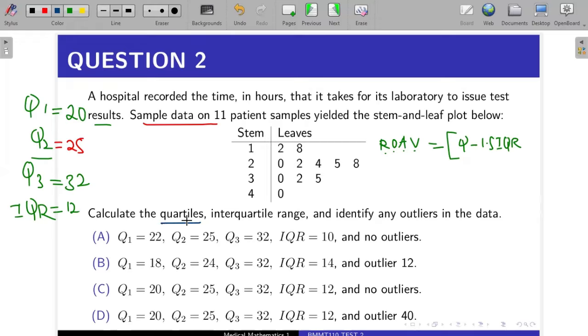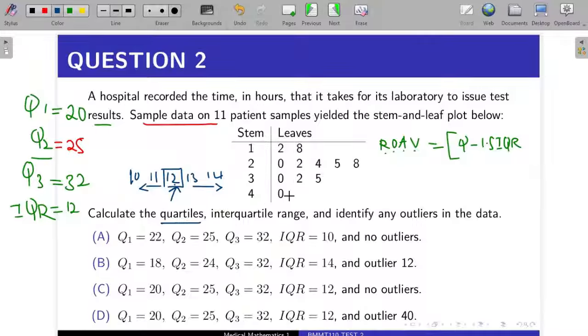For example, if I have 10, 11, 12, 13, 14, my median is 12, because it is in the middle. On the left side I have 2 data points, and on the right side I also have 2 data points.